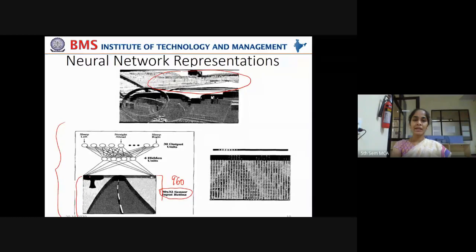Now, this entire data, the visual, is taken as input, meaning 960 pixels are given as input to the neural network, which is having 4 hidden units. The intermediate layers in the neural networks are called hidden layers or hidden units, and it depends on the predictive power based on the amount of accuracy it provides.